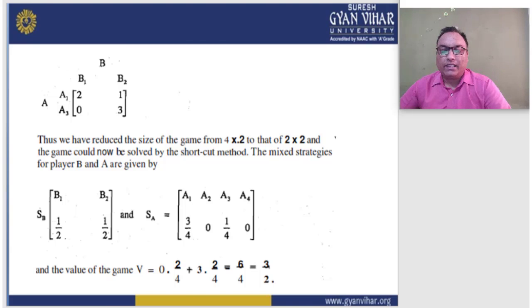So for this case, the value of the game is 0 into 2/4 plus 3 into 2/4, which is 6/4, equal to 3/2. So the value of the game is 1.5 for this case. So let's move to the next problem.